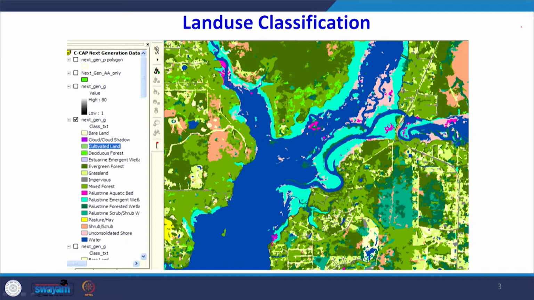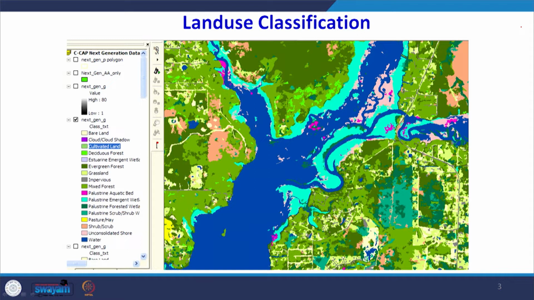If the accuracy is not known, then there is a doubt whether the classification is perfect or not, whether some pixels have been misclassified or not. So, we use the map which we generate from the digital images using some kind of algorithm in order to determine the accuracy.